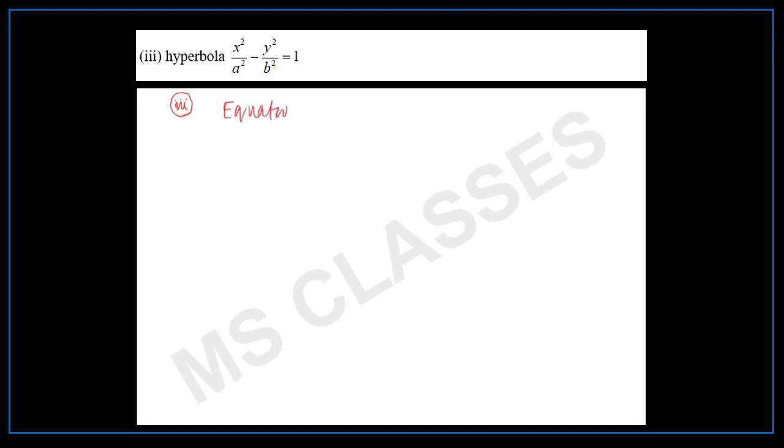Equation of curve x square by a square minus y square by b square equal to 1.